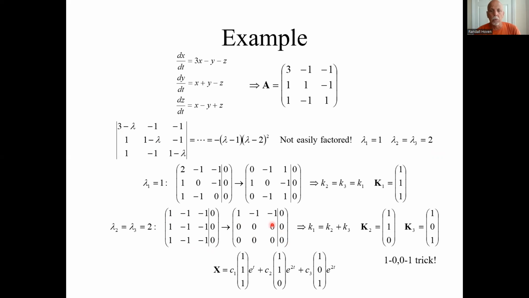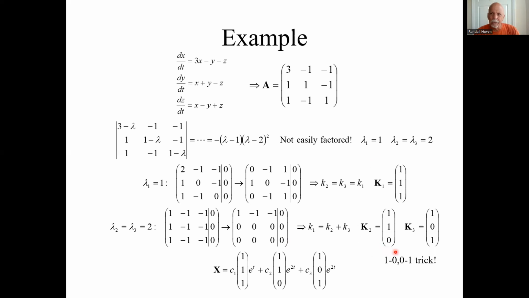If I only had 1 row of all zeros, I'd only get 1 linearly independent eigenvector out of it. And I don't cover how to do the solution to the differential equation in that case. But in this case, we're going to get 3 linearly independent eigenvectors for this 3 by 3 matrix.